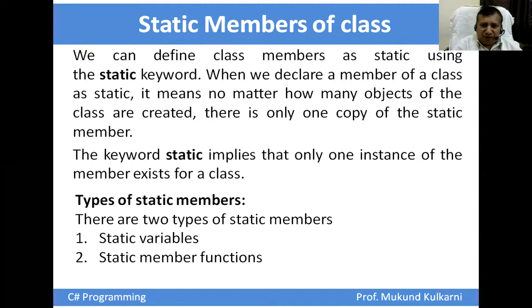One is a static variable and the second is a static member function. We are already using static functions since the first program, because the main function itself is static. A static member function is an object-independent member function. We don't need to create an object to call static functions.